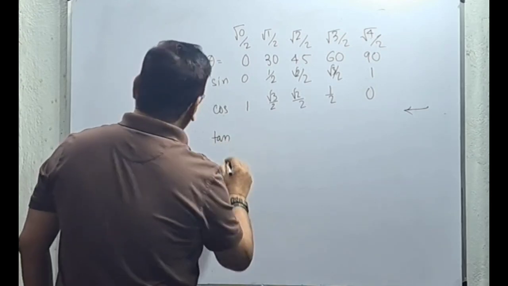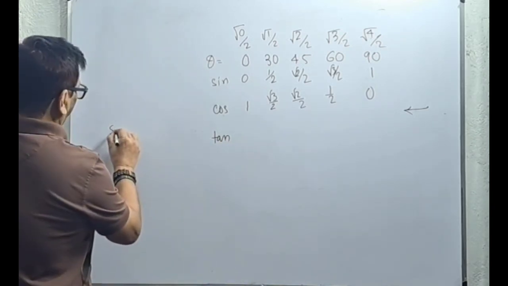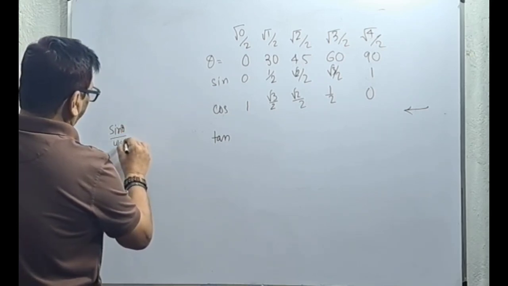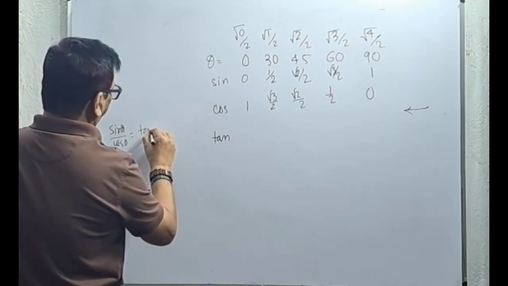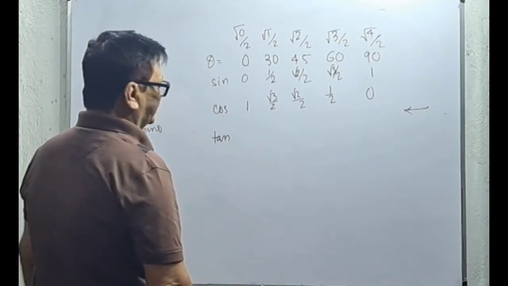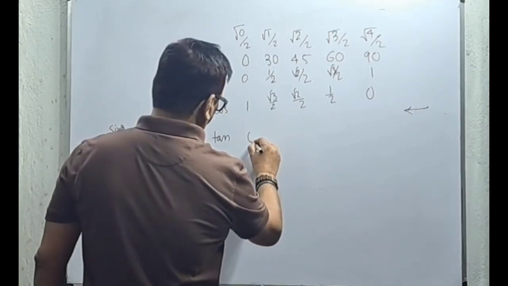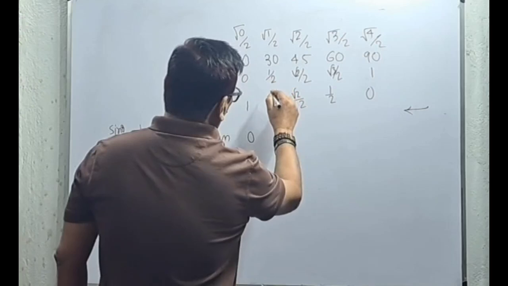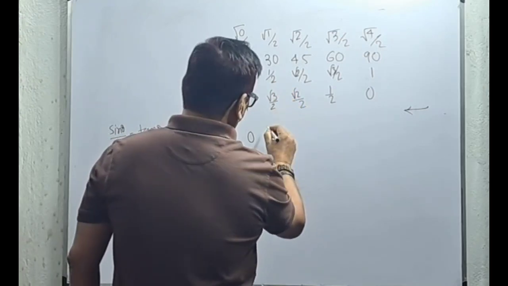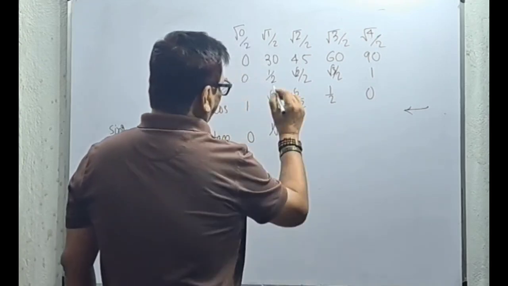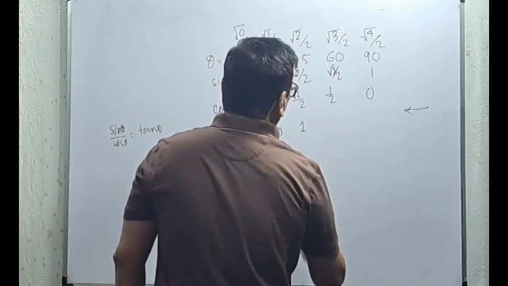Okay. Now we take up tan. Now we know sine theta by cos theta is equal to tan theta, right? So sine theta by cos theta, if it is, then it is 0, right? That will be 1 by 2 multiplied by 2 by root 3. So 1 by root 3, right? This will be 1, correct?